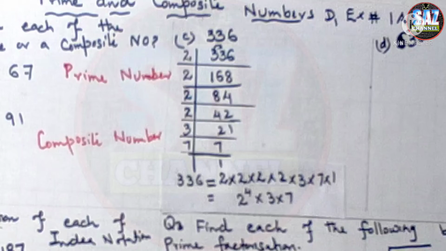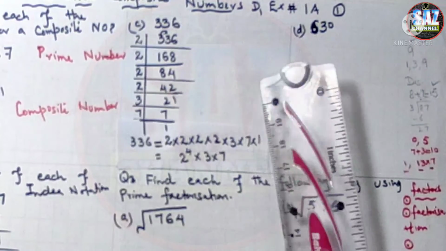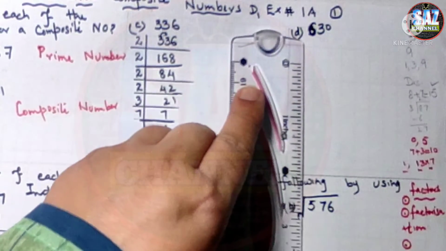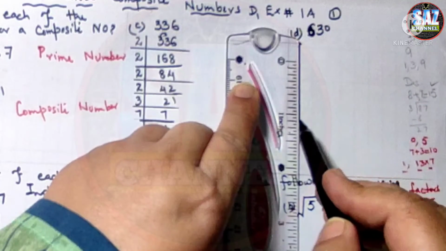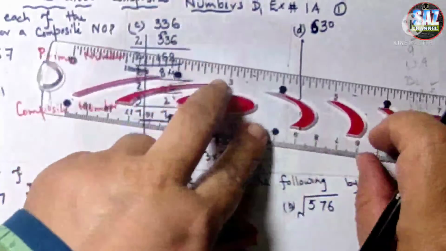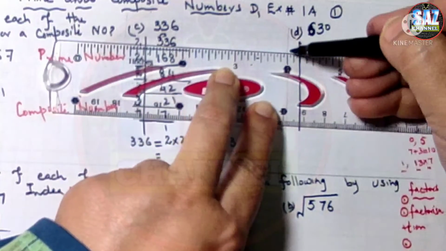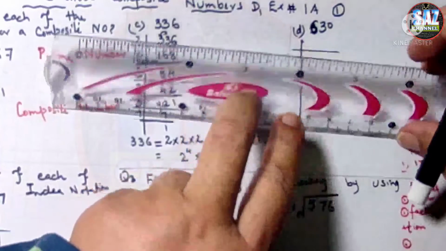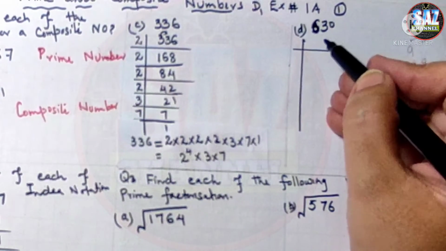And the last part of this question is 630. Okay, 630, again think about the smallest prime number that will be dividing 630 easily, and as the unit digit is 0, so we can easily divide this number by what number, students? Okay, now by now the divisibility tests have to be really clear.